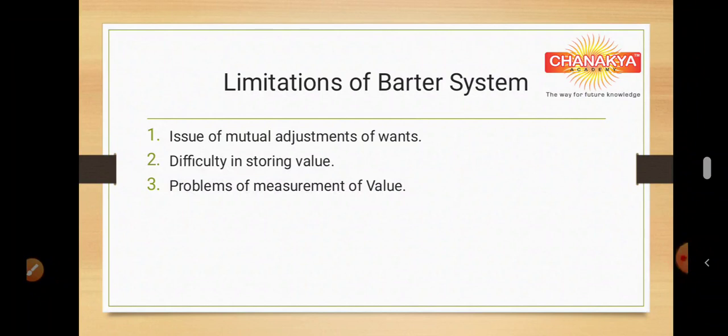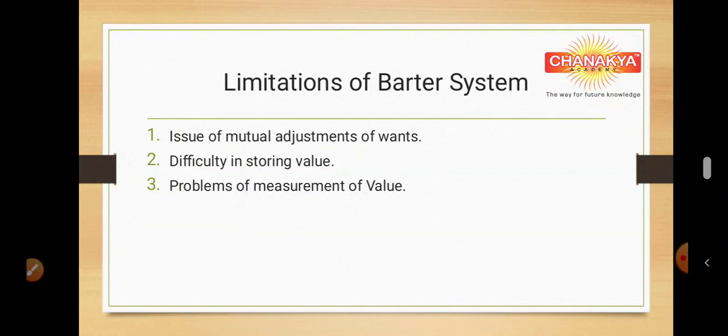See children, the requirement for this change in the barter system was because of increasing population, socio-economic development, which resulted in different types of needs and demands, right? As there was no common currency, no common measuring rod, this increasing demand and structure gave rise to the exchange of goods.